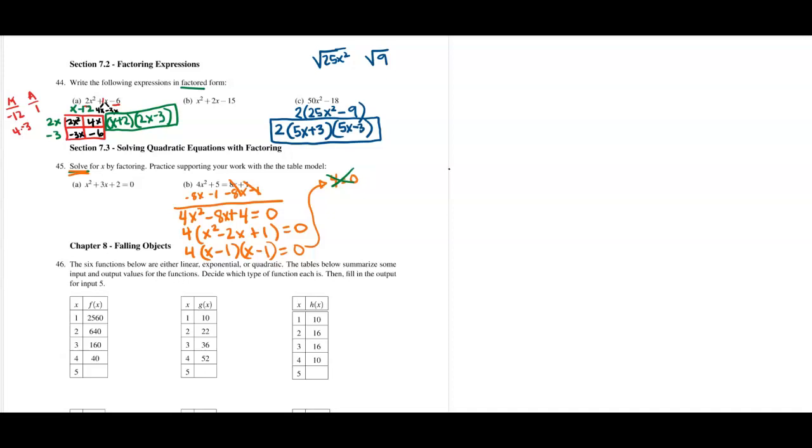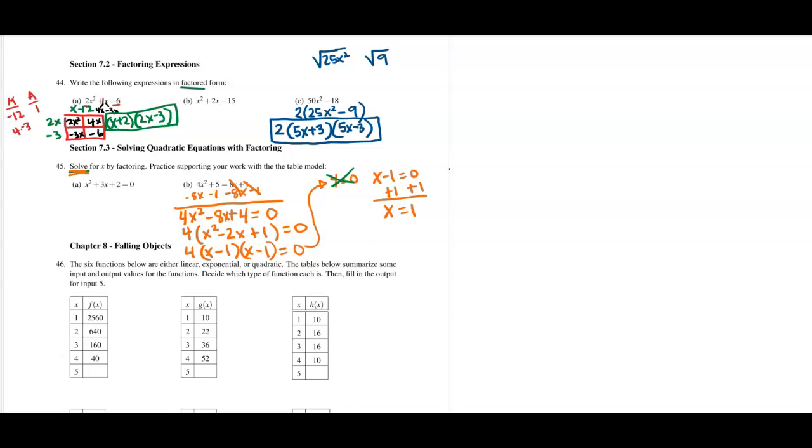All right, but then notice that the other parts are just the same, right? I've got an x minus 1, so let's set x minus 1 equal to 0. And so to solve for x, I just need to add the 1 over, so x equals 1. All right, and if I did that with the other parenthesis, I'm going to get the same answer.